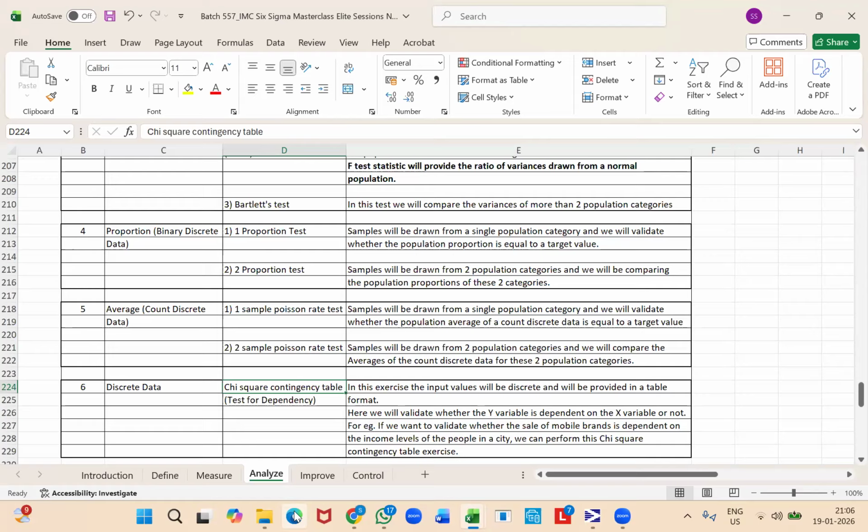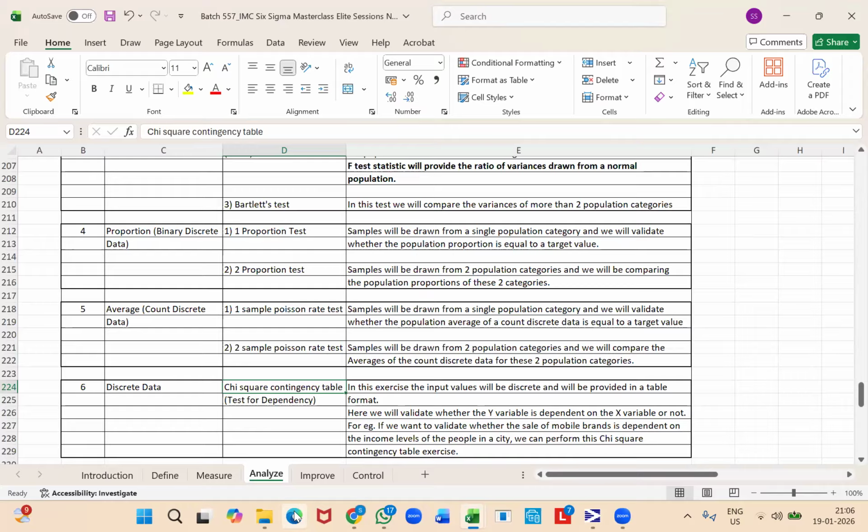So the effect will be called the dependent variable and the cause will be referred to as the independent variable. As part of this chi-square contingency table exercise, we would be validating whether the y variable given in the case scenario is dependent on the x variable or not, right?